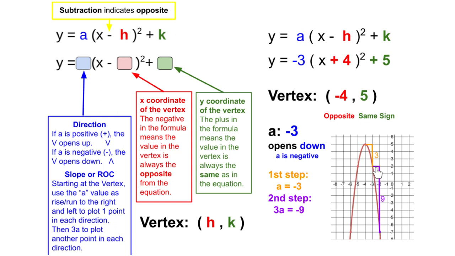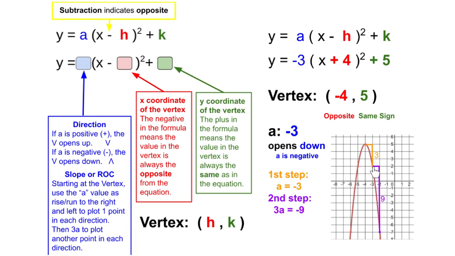Now for quadratic functions, because the rate of change is not constant, it is changing at an increasing rate or a decreasing rate, you are going to have a different step. And we found out in our exploration that it's 3 times the A value for the second step. And that's enough to get the shape that I'm going to be looking for. So 3 times -3, our A value is -3, gives us -9.